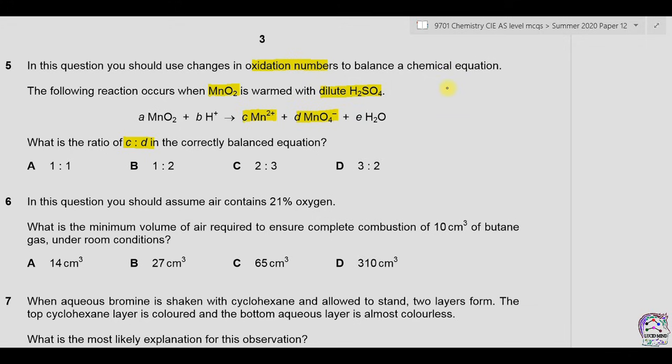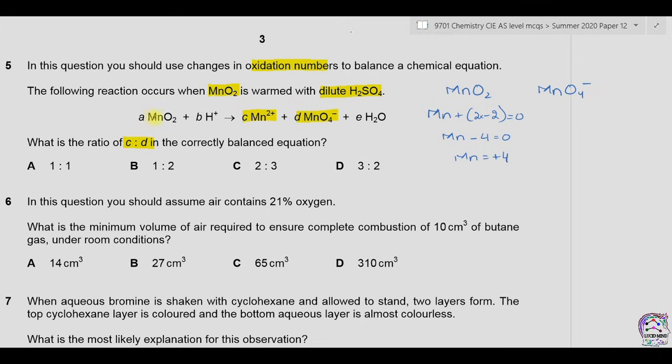Let's first find out the oxidation state of manganese in both manganese dioxide and manganate ion. As we know that the overall charge in MnO2 is 0. So Mn, there are 2 oxygen atoms. The charge on the oxygen atom is -2 and the overall charge is 0. So we have Mn - 4 is equal to 0 or Mn is equal to +4.